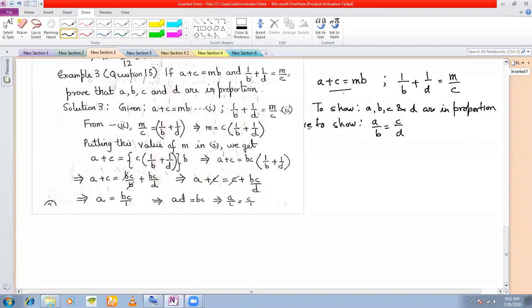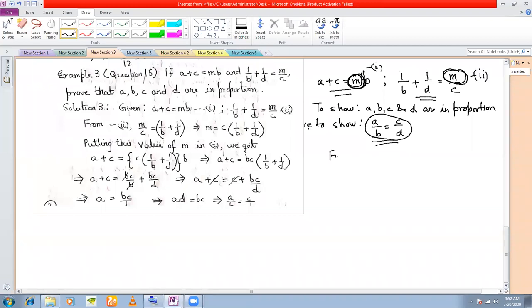Now see, in these two equations, A, B, C, D are already there, right? The only problem is this M. In proving A by B is equal to C by D, do you see an M there? You don't. There's an M here and there's an M here. That means the only problem is with these two M's. If I can remove these two M's from these two equations, then I may be able to prove a relation between A, B, C, and D. So I call this 1 and I call this 2.